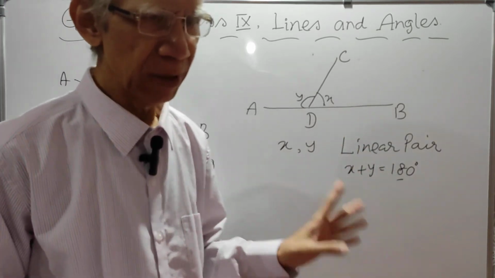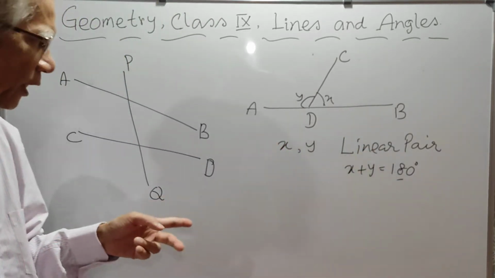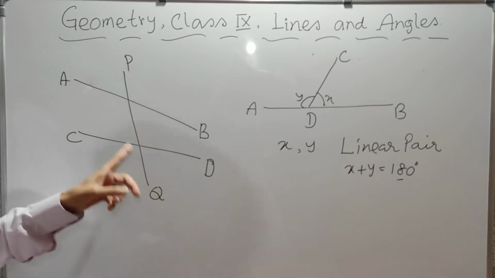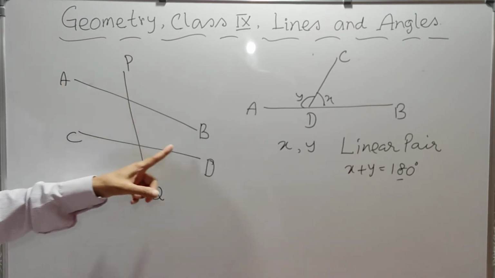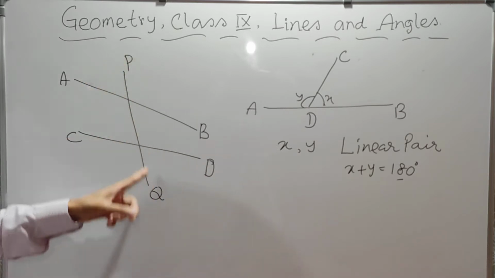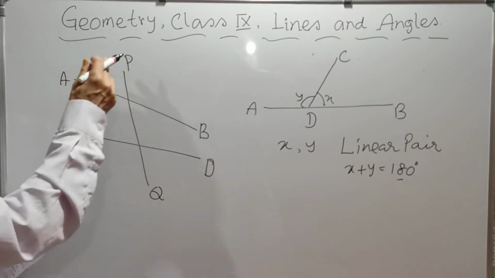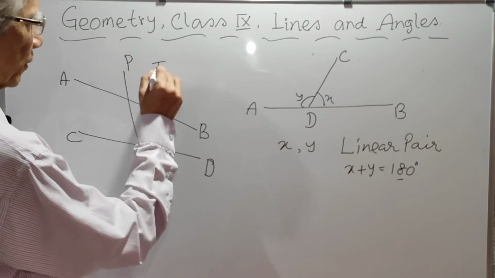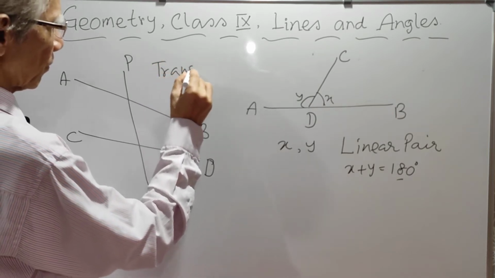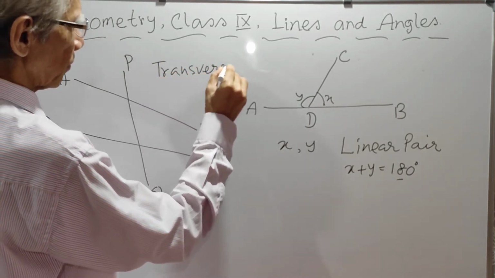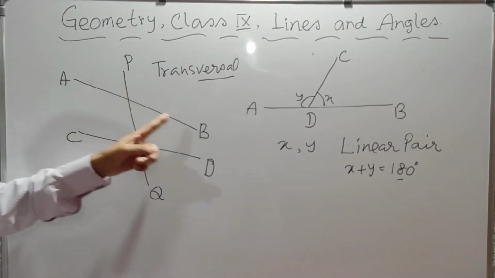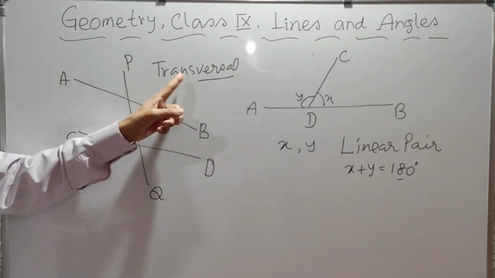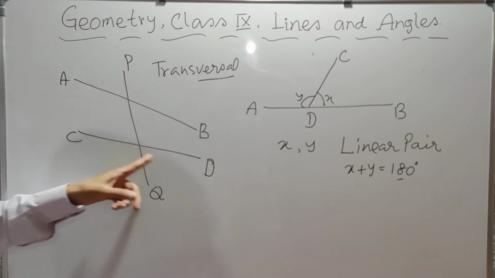They may or may not be parallel. Here I am drawing non-parallel lines. AB and CD are two straight lines, and the third line PQ cuts them. This third line is called a transversal.